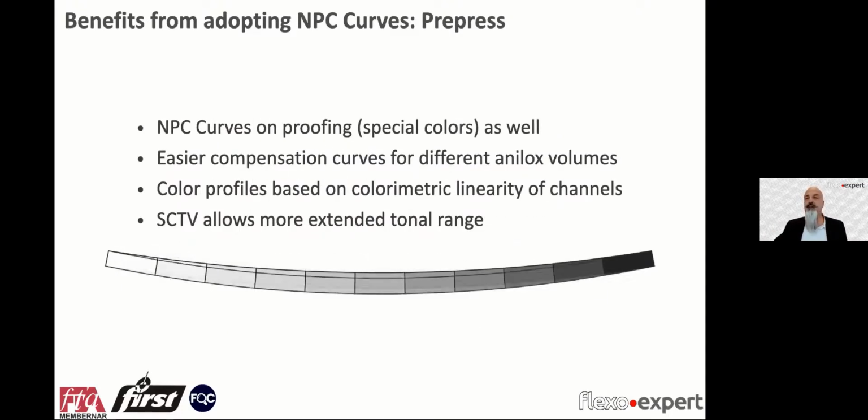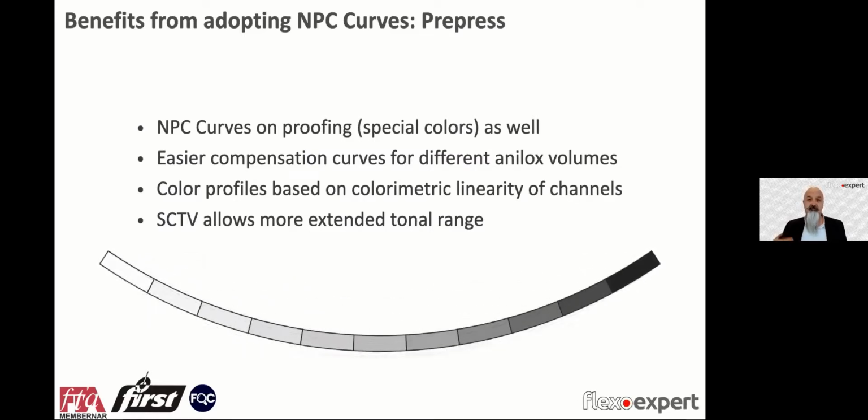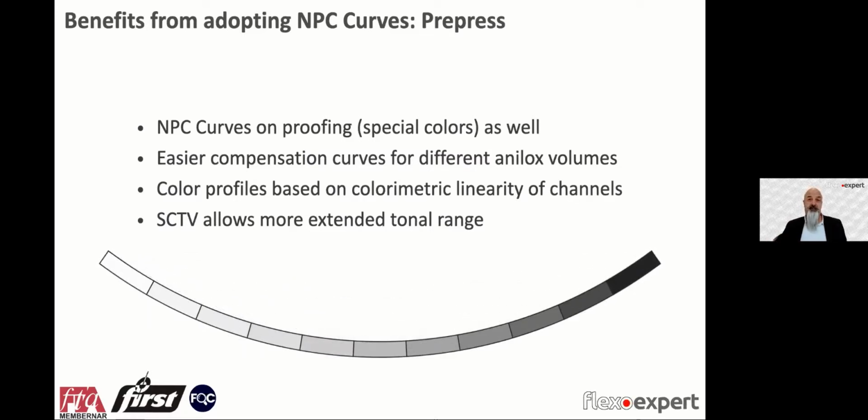Prepress providers can use NPC curves to calibrate proofing systems as well and easily match tone values on special colors and also CMYK. Because NPC is based actually on SCTV. Many prepress systems are already calibrated in SCTV for proofing, just without even the NPC with the straight compensation.